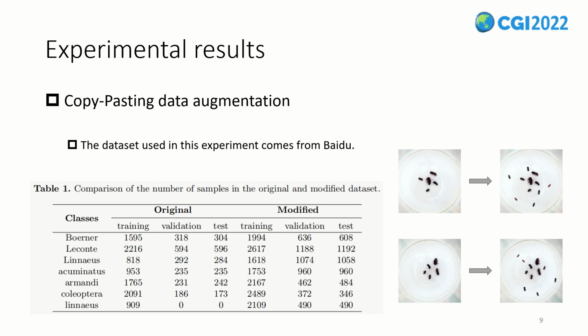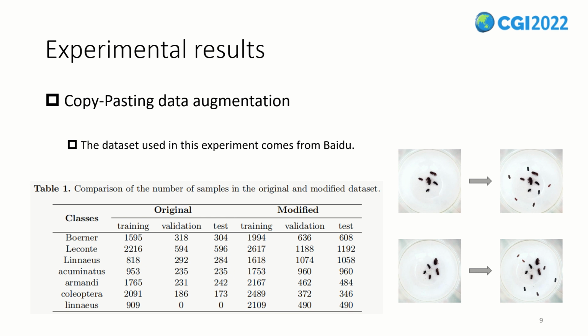Inspired by the copy-paste data augmentation, we cut three kinds of insects with a small number, and then randomly flipped and rotated the insects obtained after cutting and pasted them on the images.